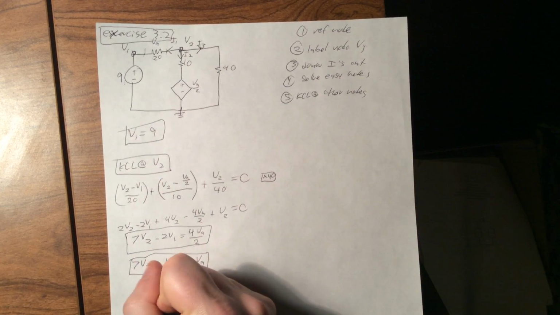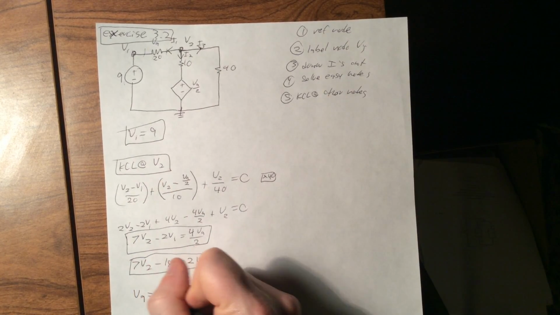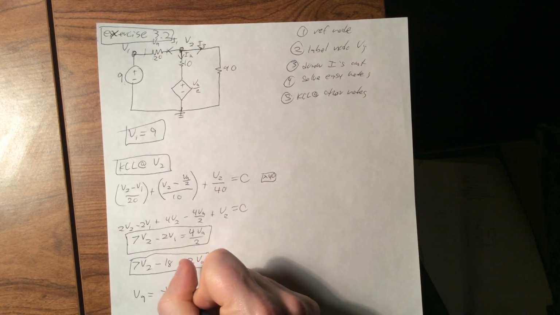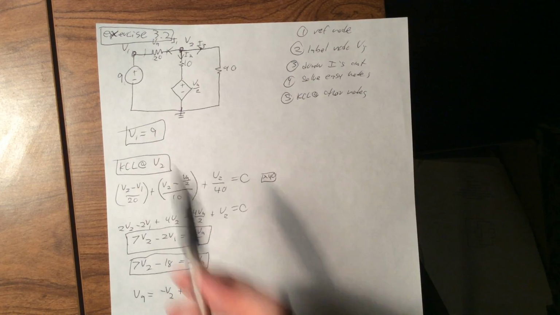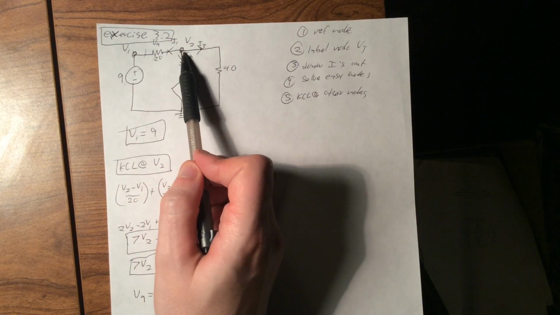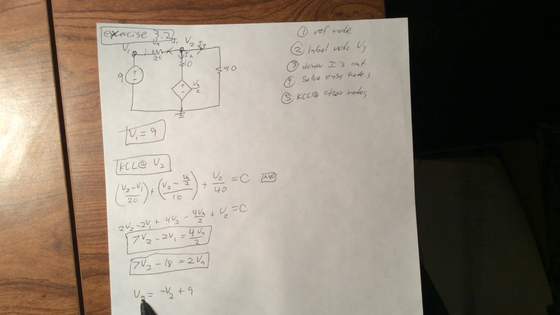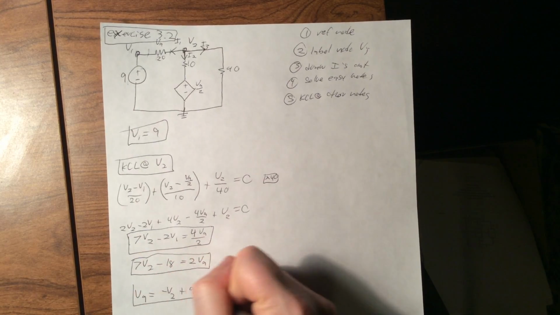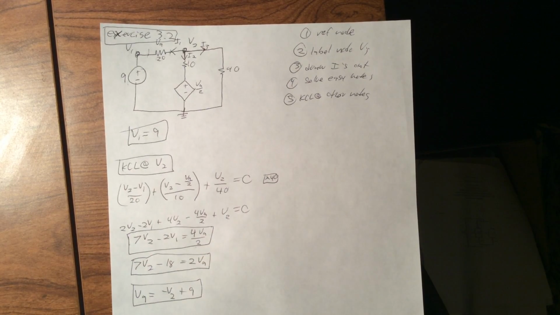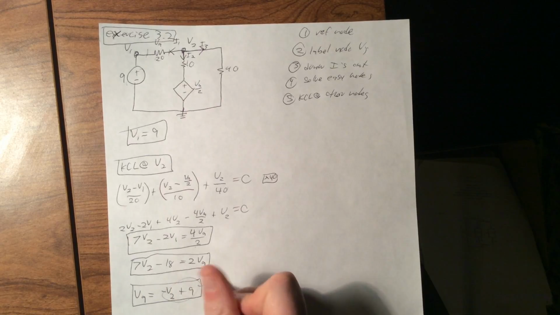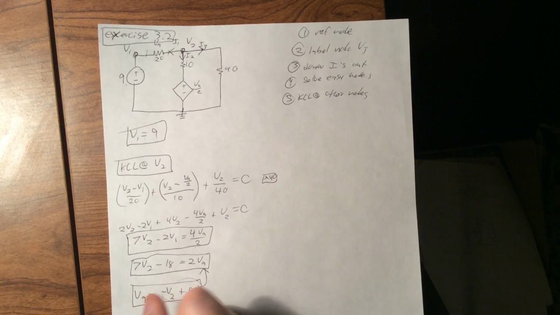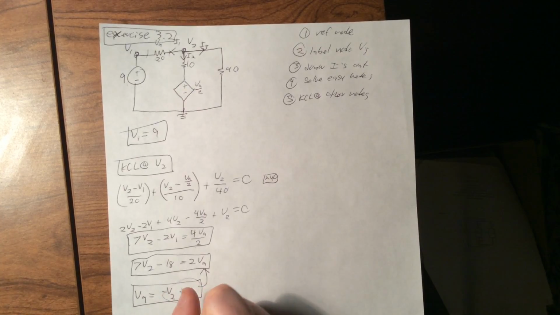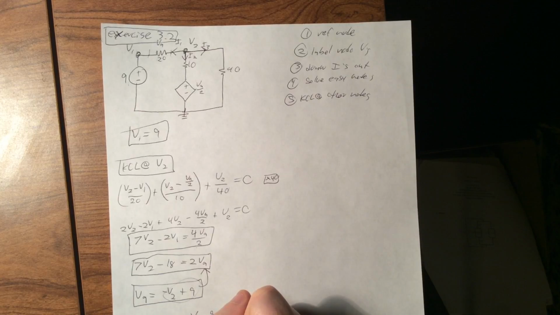VA equals 9 minus V2. Nice and easy there. We got our other equation, so this is going to get substituted in there. And that's going to give us 7V2 minus 18 equals 2 times 9 minus V2.